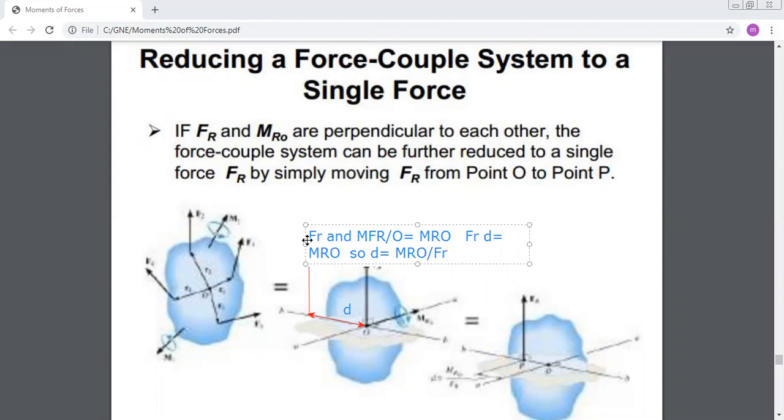Okay, so you can see here that I am able to reduce my system to only one force, and this force will replace all the forces and couples.